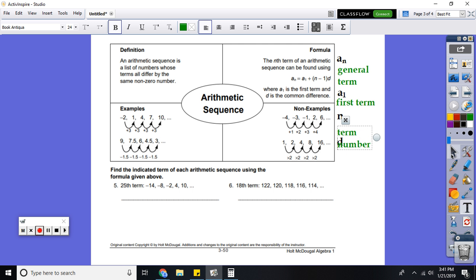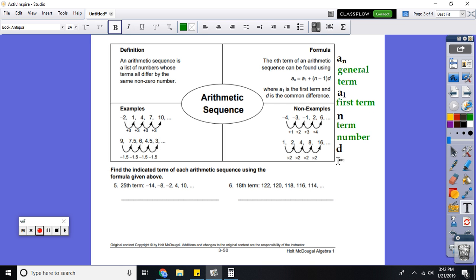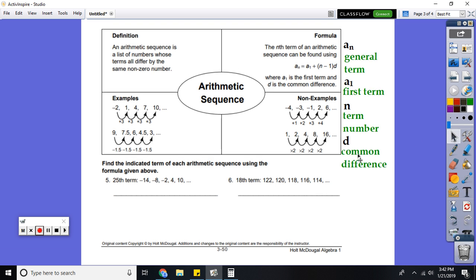And then d stands for your common difference. Now the reason those are important is because if you know what each of those mean, you can use this formula really easily because you just plug in the values for those things, evaluate, and you have your answer.